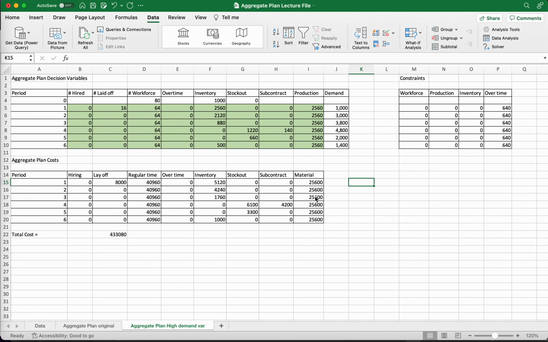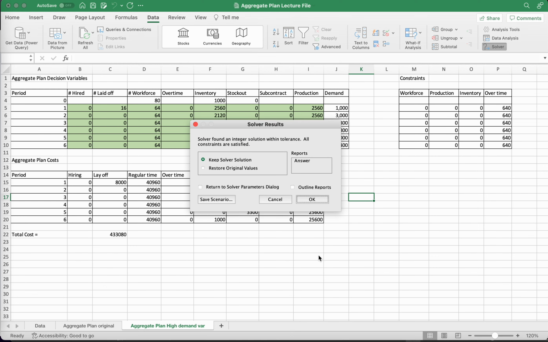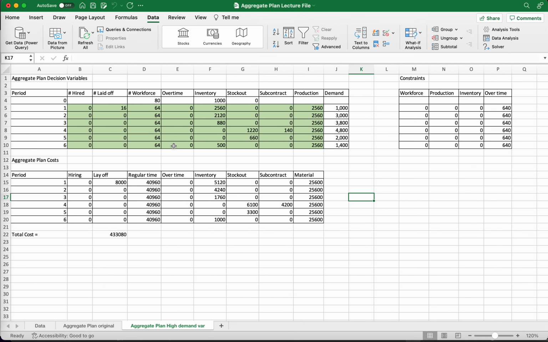They all have to be integers, so we get a 500. Looks like we end up with the same answer.